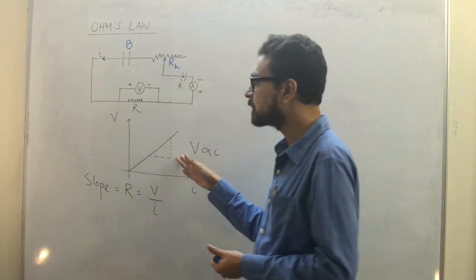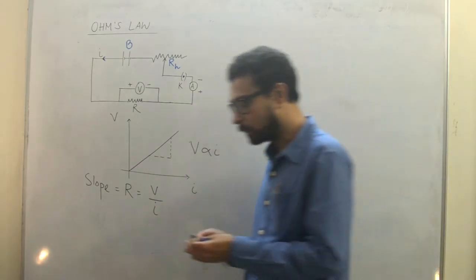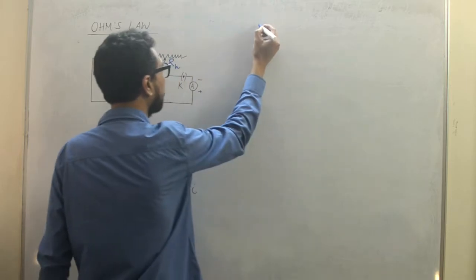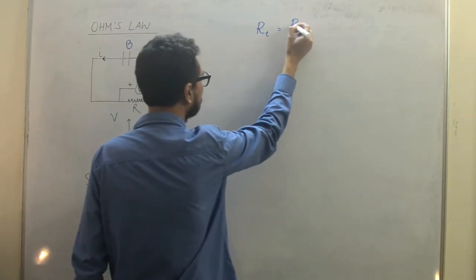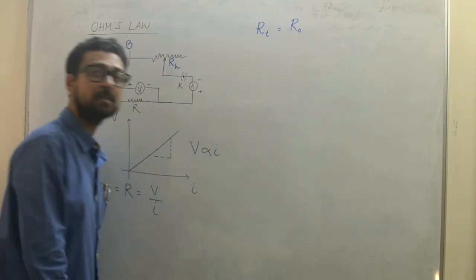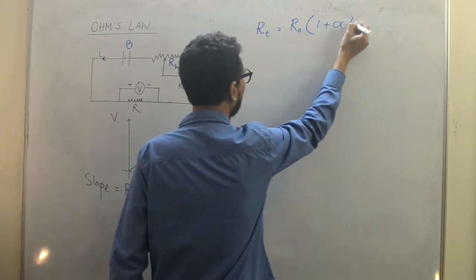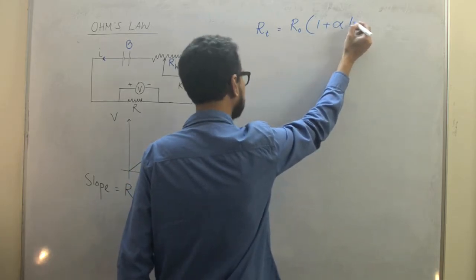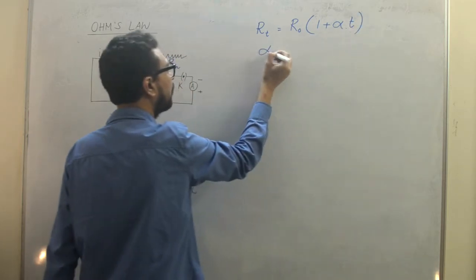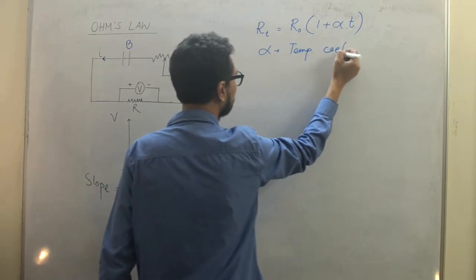So the temperature will change, and then we should know that the resistance depends on temperature: the resistance at a particular temperature is equal to the resistance at 0 degree C into 1 plus alpha into change in temperature, where alpha is called the temperature coefficient of resistance.